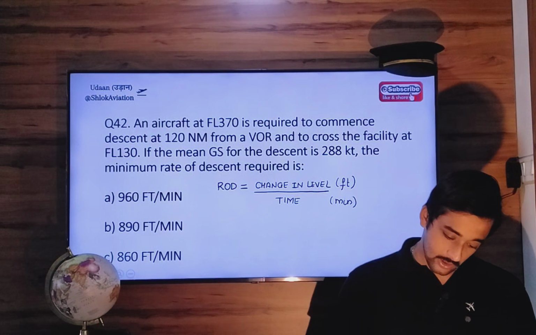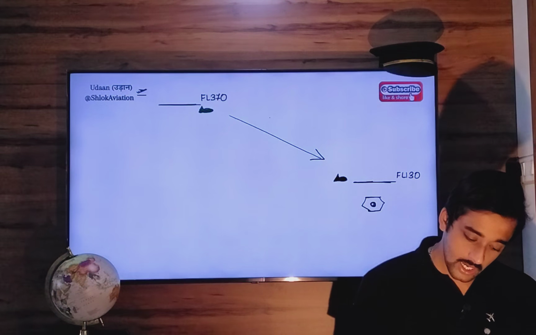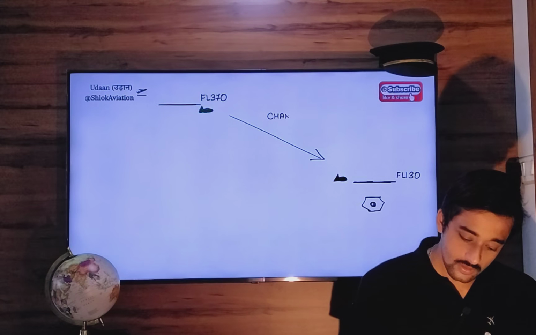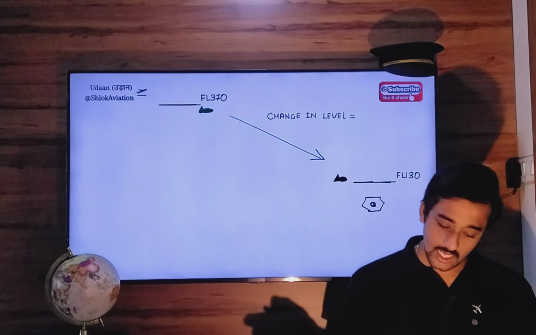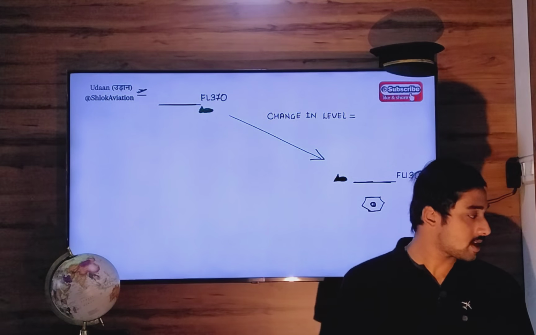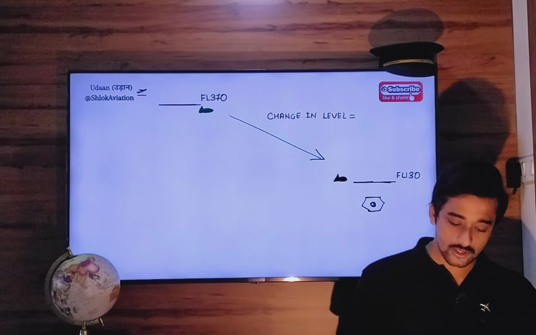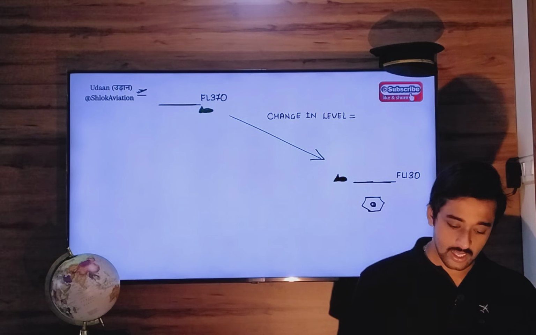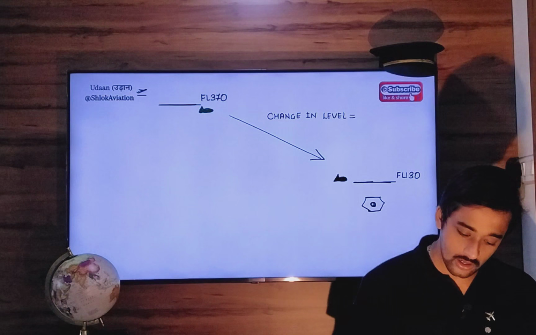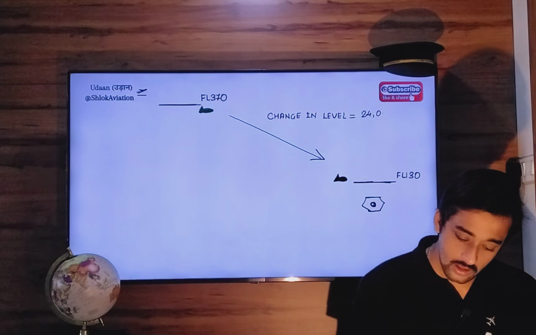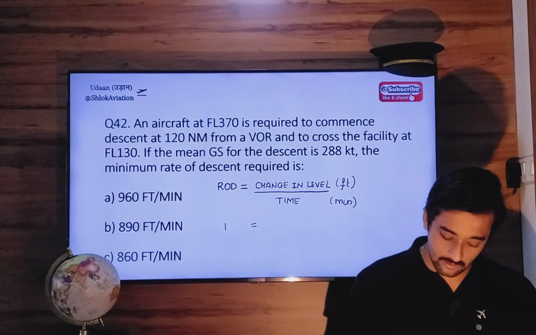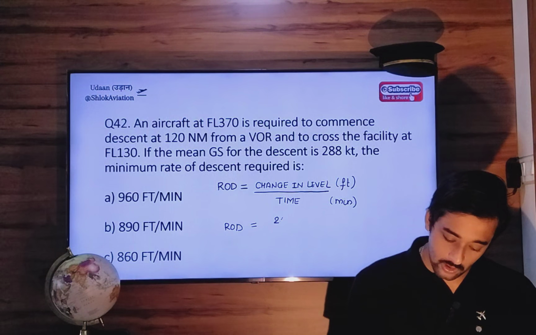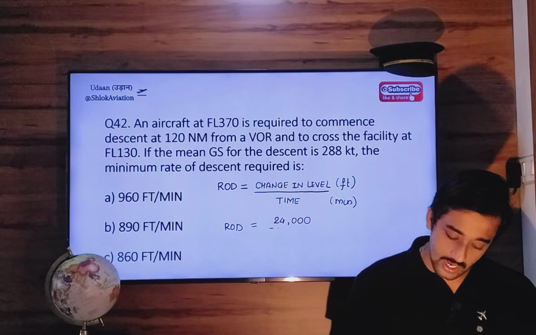So according to this formula, the change in flight level here is equal to 37,000 minus 13,000, that is equal to 24,000 feet. So we have the numerator with us, rate of descent equals 24,000 divided by time in minutes.